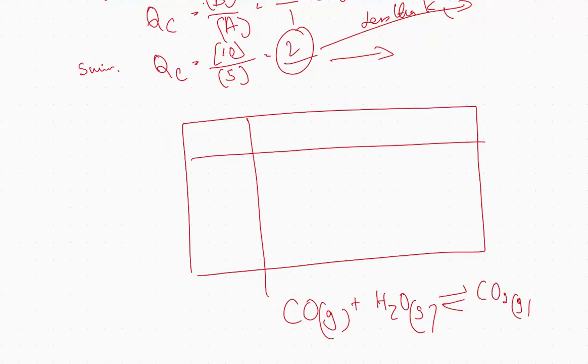So they have given you Kc 0.64. Sometimes they might make it 6.4 times 10 to the negative 1. Just because it's 10 to the negative 1 or just 0.64 doesn't matter. You should just be able to look at the figures and compare. Now then they tell you reactants or products.